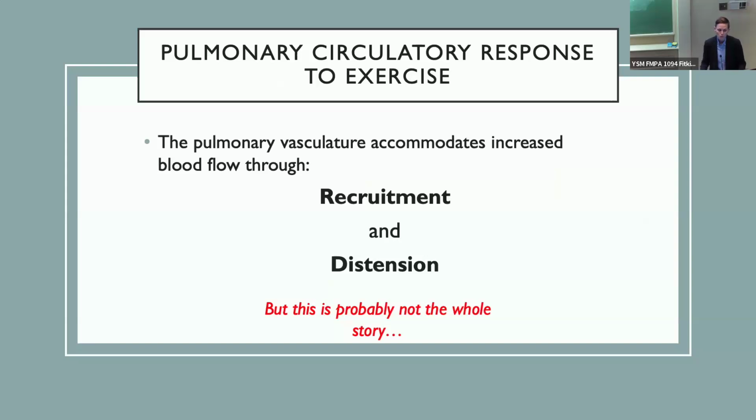During exercise, the pulmonary circulation is asked to handle a several-fold increase in blood flow. It does this remarkably well through two key mechanisms: the recruitment of previously underperfused capillaries and the distension of already perfused vessels. But this is only really part of the story. We know that the pulmonary vascular response to exercise is not simply a matter of opening extra channels.